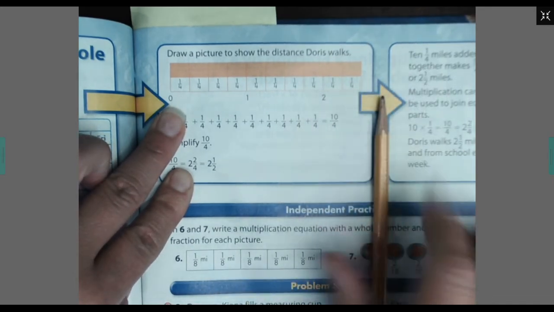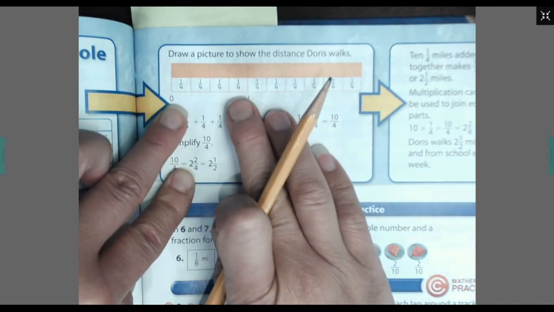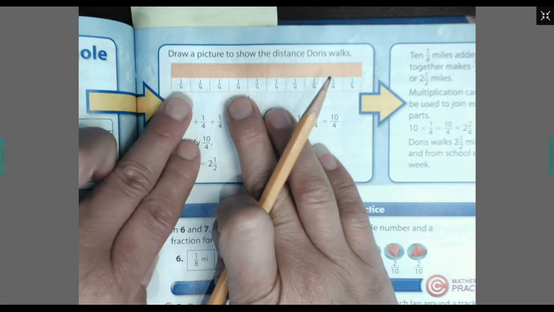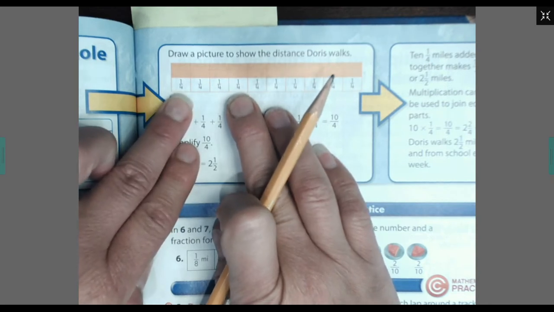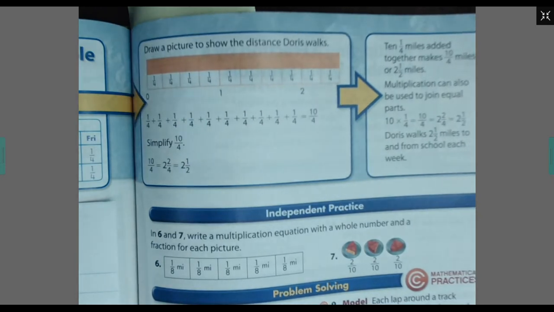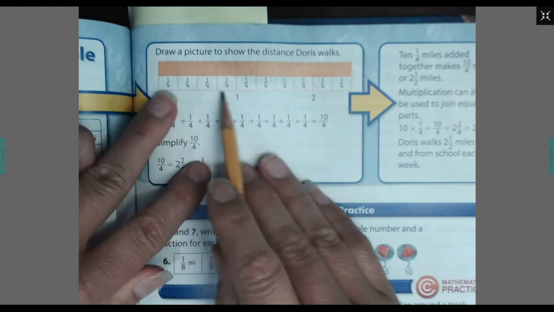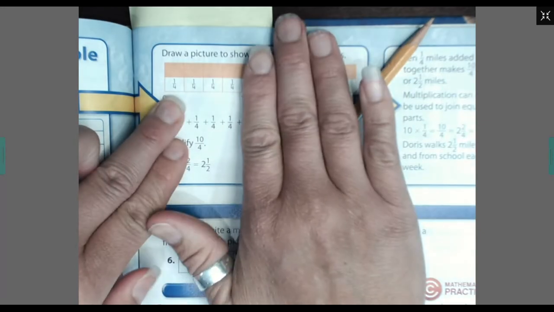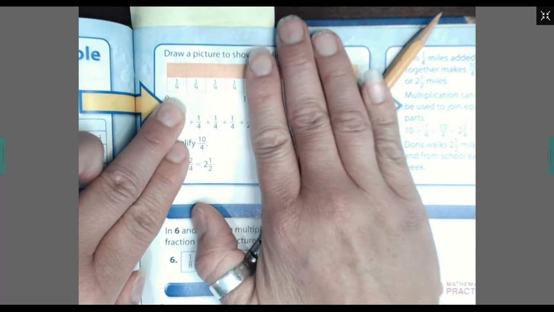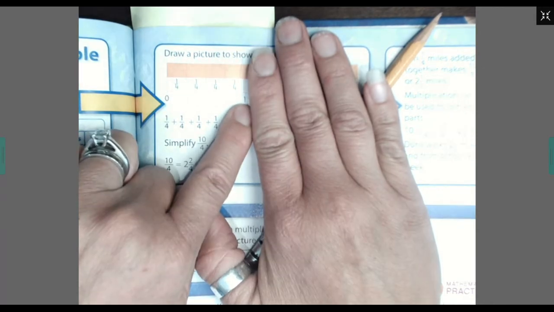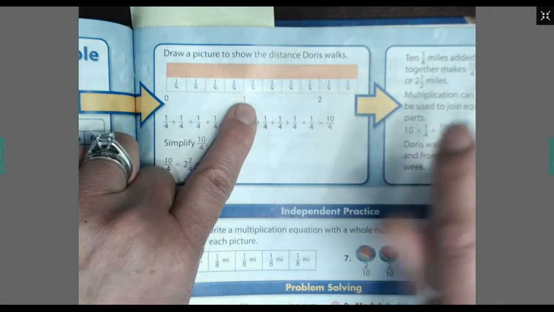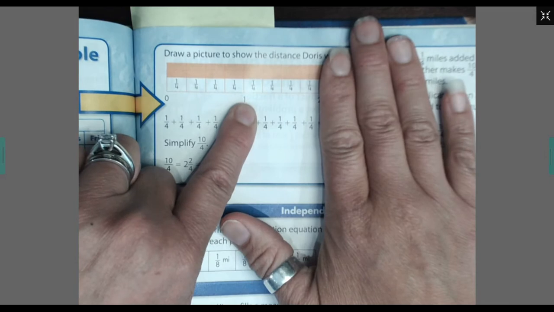Now, how many quarters are there in one whole? The denominator tells us the total number of equal parts. So that is telling us that there are 4 total equal parts in one whole. Therefore, 4/4 equals 1 whole. So we can notate that right there. And 4 more quarters equals another whole.